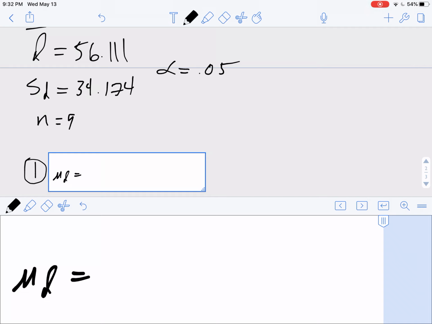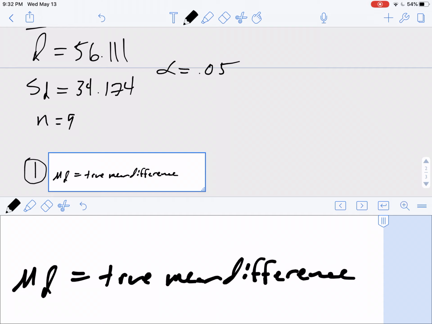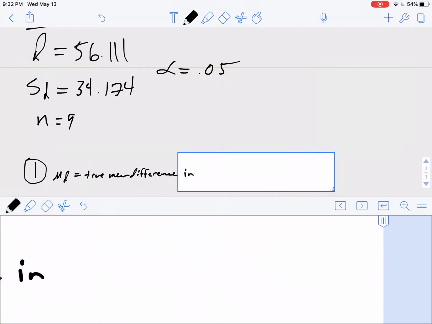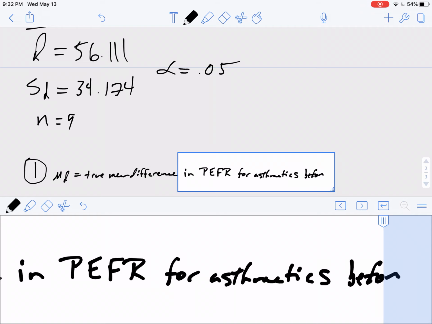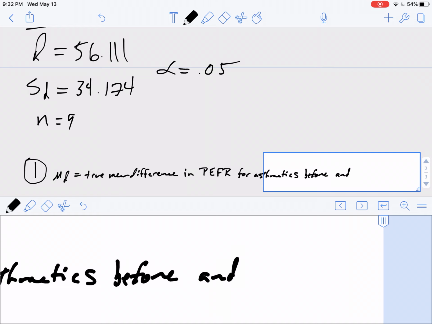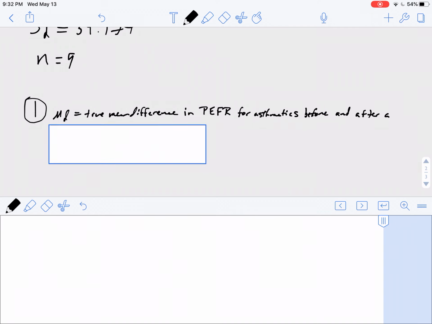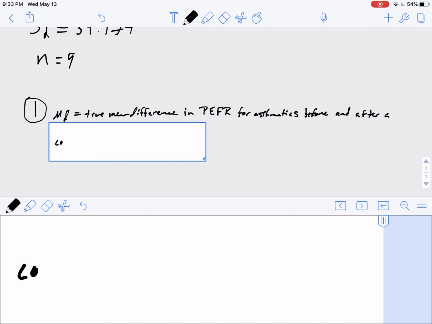My parameter in a matched pairs t-test is mu sub D. And mu sub D represents, in this case, the true mean difference in PEFR, that flow rate, for asthmatics before and after a cold walk.